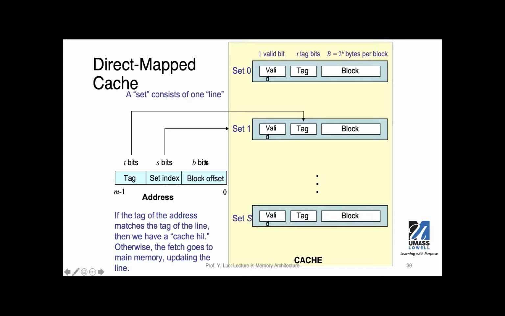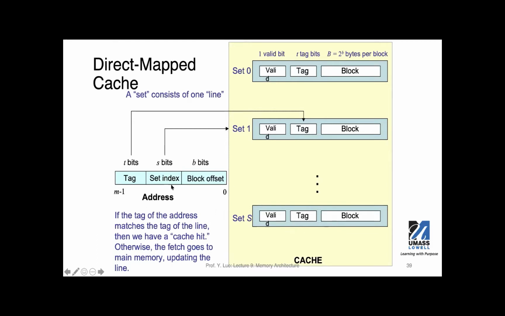So we have 8 bits here for the block offset, and then another 8 bits for the set index. Because the set index is 8 bits, we have set 0, 1, up to set 255, so altogether 256 sets. With these 8 bits, we can find out which set we're going to go into to look for that block.